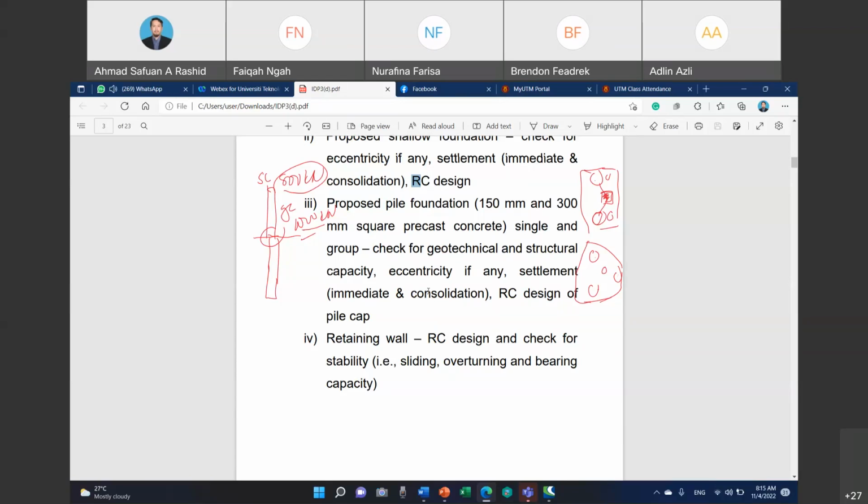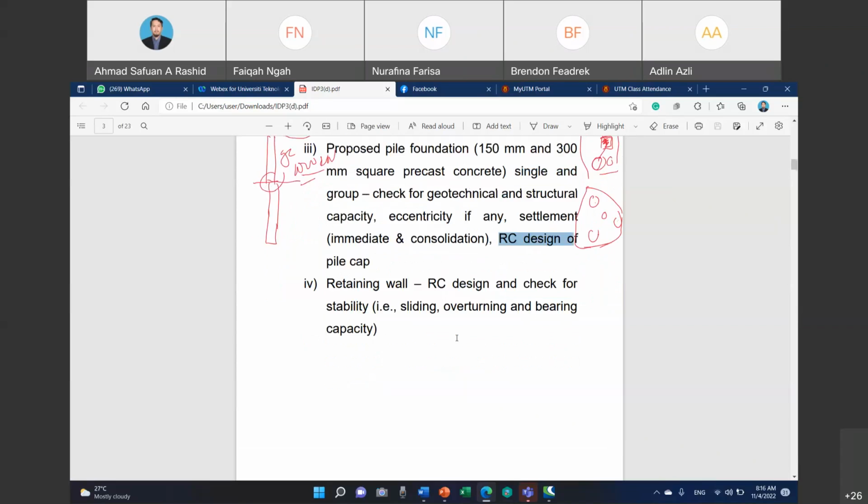So when you put some eccentricity problems in your design, at least you have catered for the eccentricity. Sebab ada keadaan yang mana the load from the column will not rest at the center of the foundations. So then for the structural team, you need to design for the pile cap.